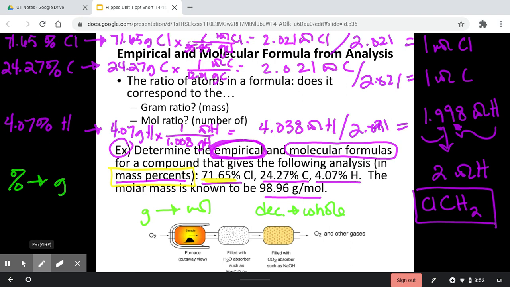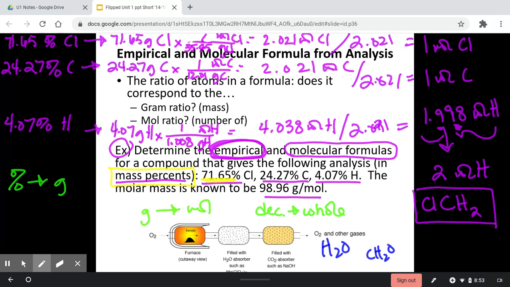So remember the difference between empirical formula and molecular formula. Empirical formula is the lowest possible ratio, and a molecule that has the lowest possible ratio of atoms may or may not exist. In the case of something like water, that is an empirical formula. It's the lowest possible ratio of hydrogen to oxygen, and it also exists.